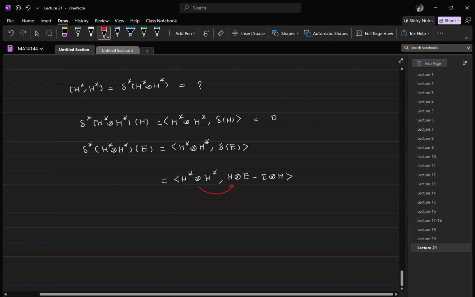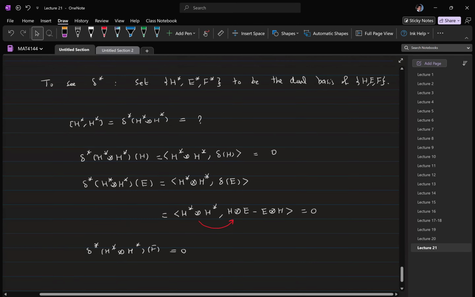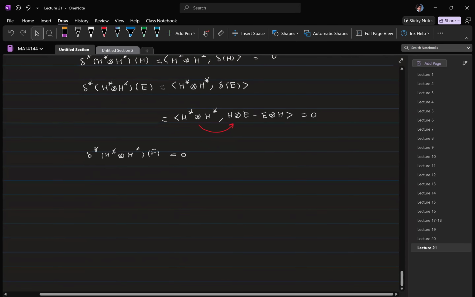So if I evaluate, I get H star of H multiplied by H star of E, but H star of E is 0. So again, I end up with 0. And delta star of H star, H star at F is 0 for the same reason, which is not surprising because this basically says the H star bracket should be 0.